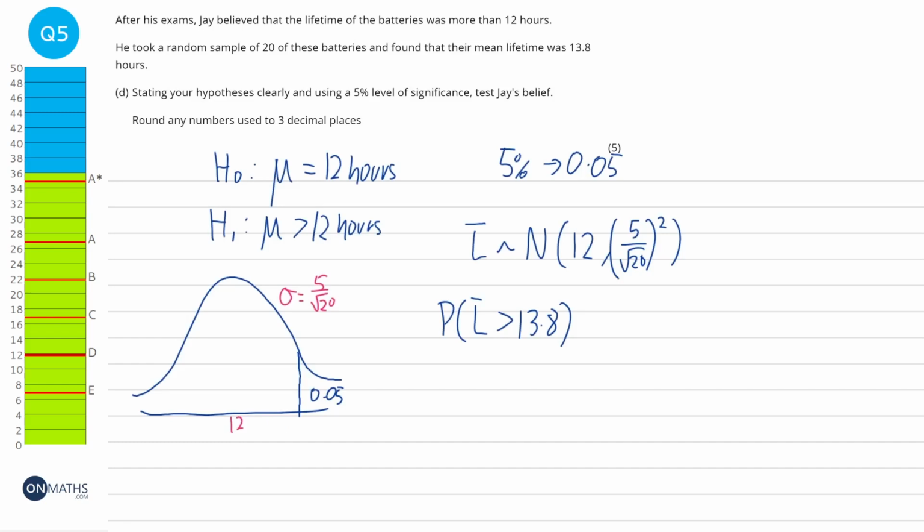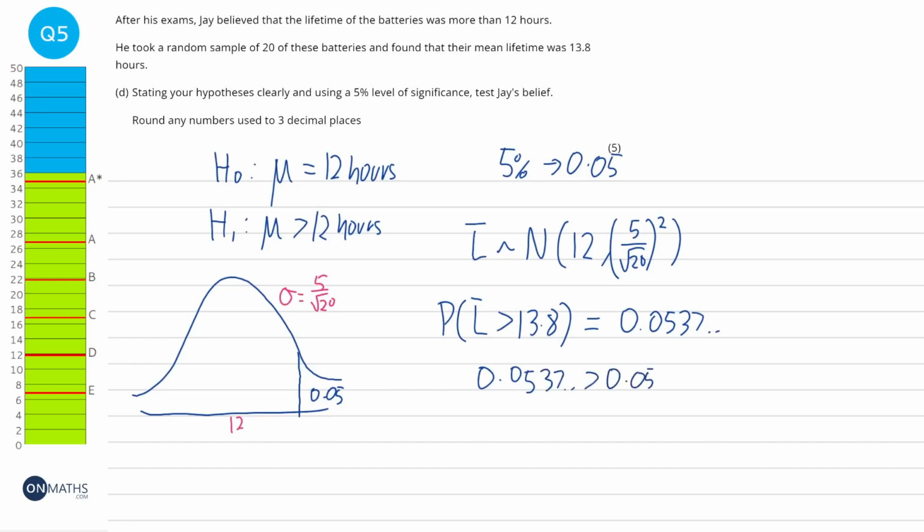So when we put that into the calculator, such as in part A, we get the answer of 0.0537. And we're starting to be a bit sad because when we round that to 3 decimal places, or we can just keep it as it is, it's up to you, we see that that's bigger than 0.05.